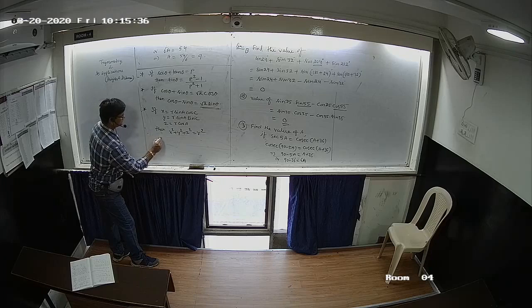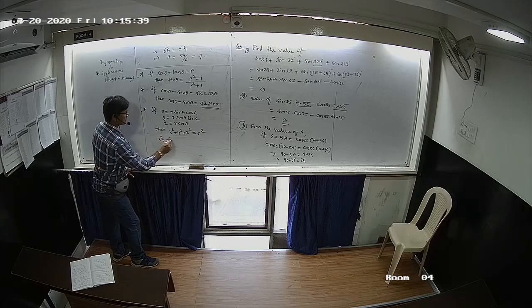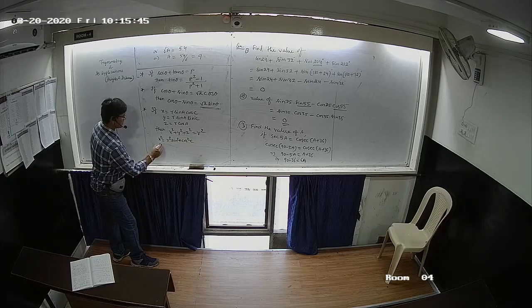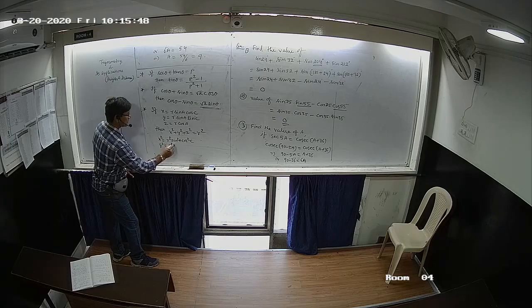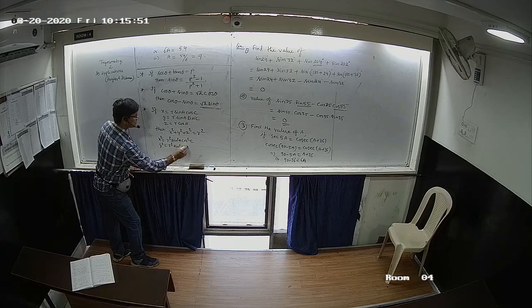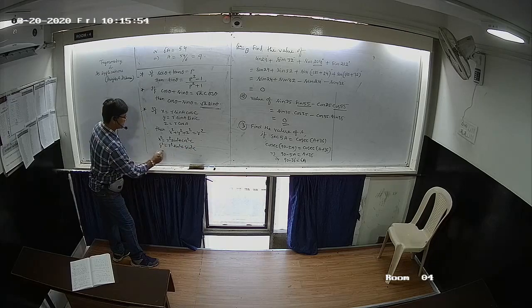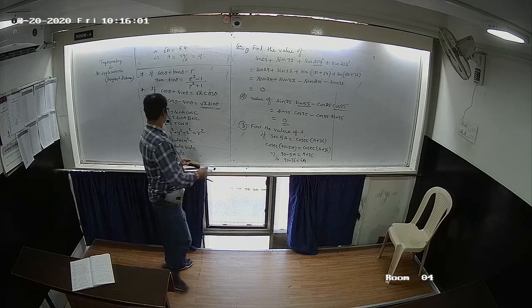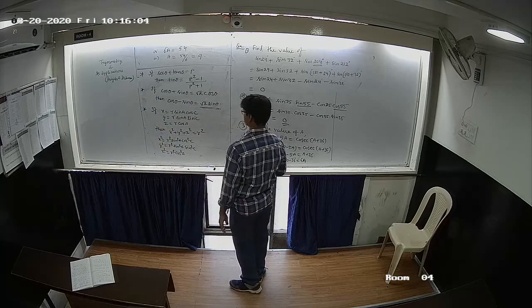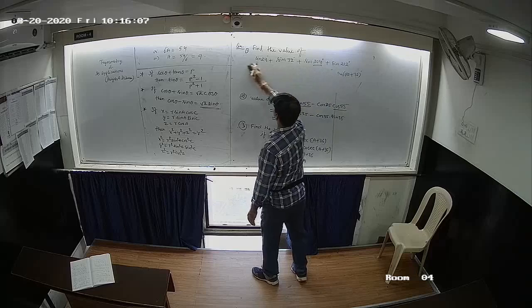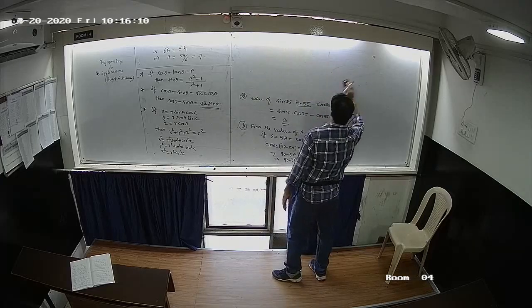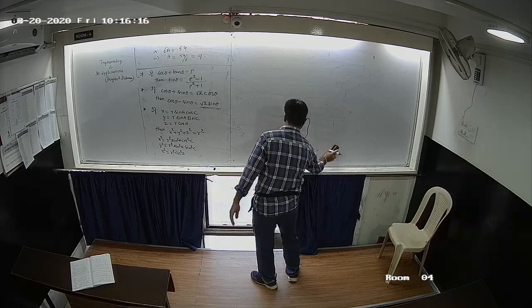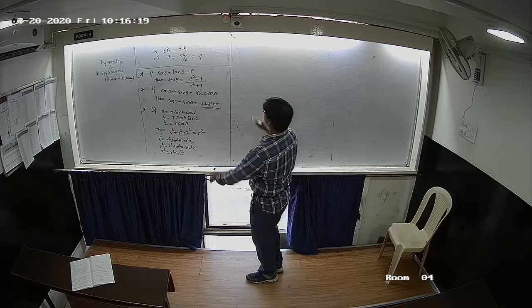X square is equal to r square sin square A cos square C. Y square is equal to r square sin square A sin square C. What do you get?